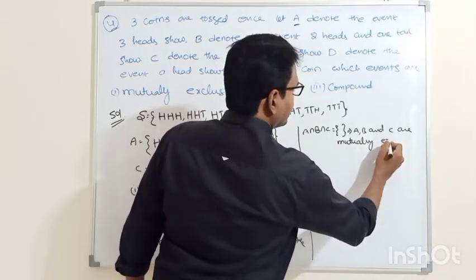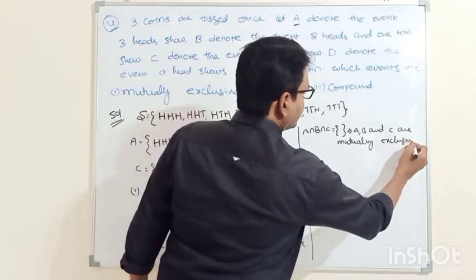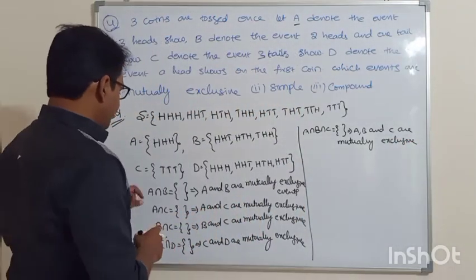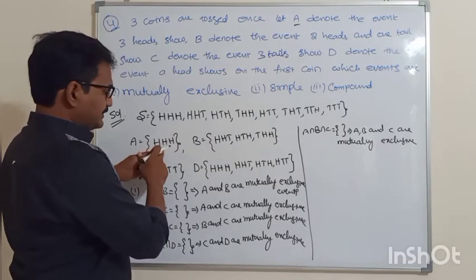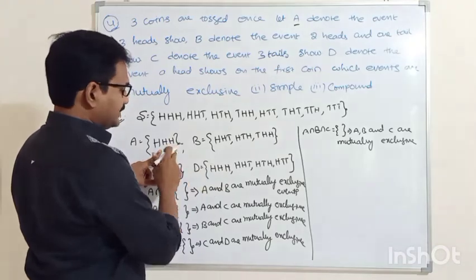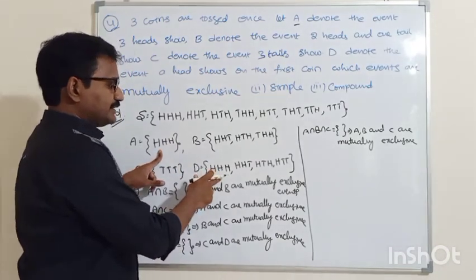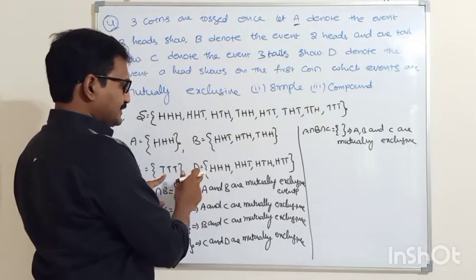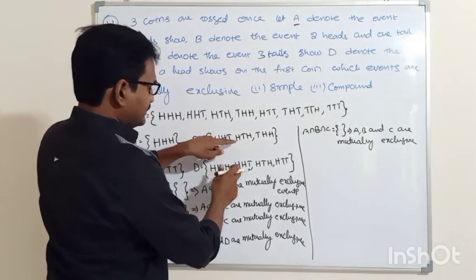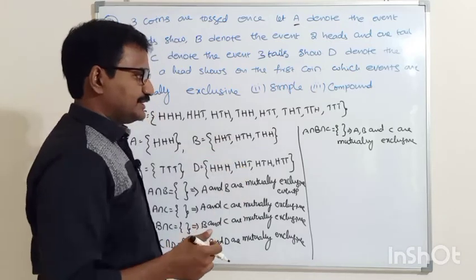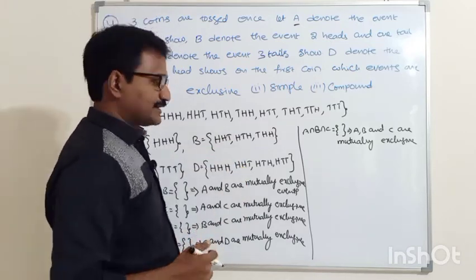Next, A, B, D. If you observe A and D, there is a common sample point. Therefore, they are not mutually exclusive. Similarly, B intersection C intersection D: HHT is a common point between B and D. Therefore, B, C, D are not mutually exclusive.